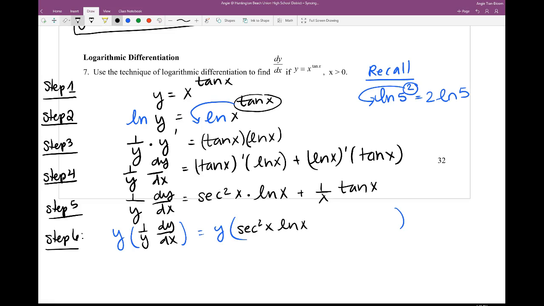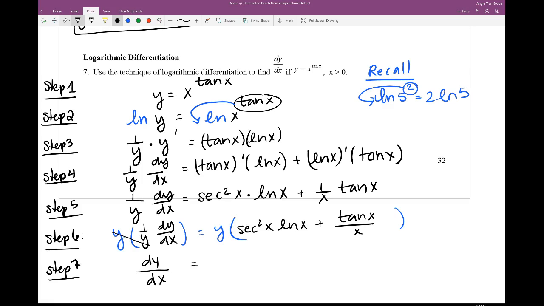If you wanted to, you can also write it like this. It's not important, but some of you like that. From here, I'm just going to distribute, and guess what? That's it. Step 7, this is now canceling, so here is my final answer.